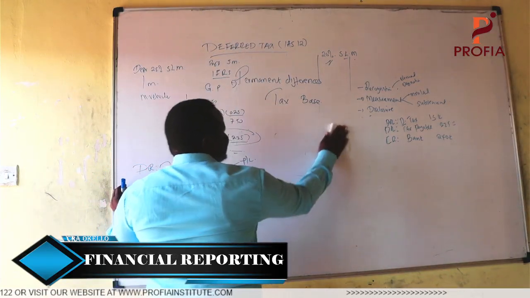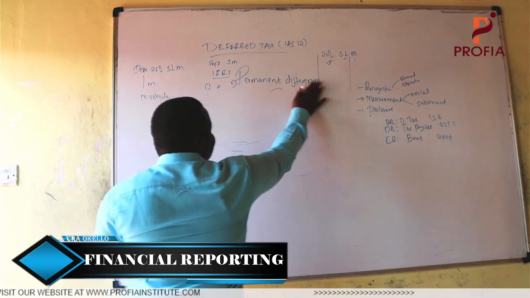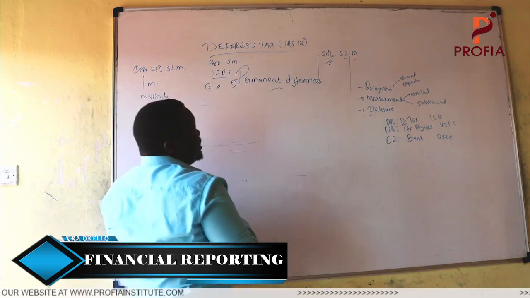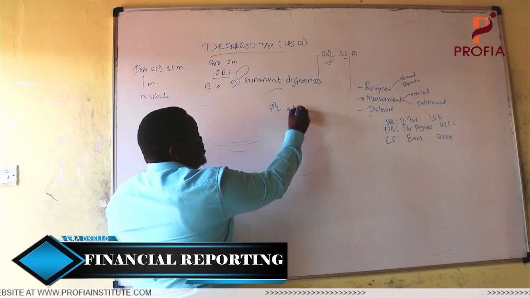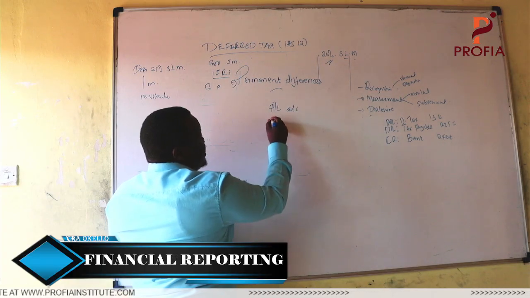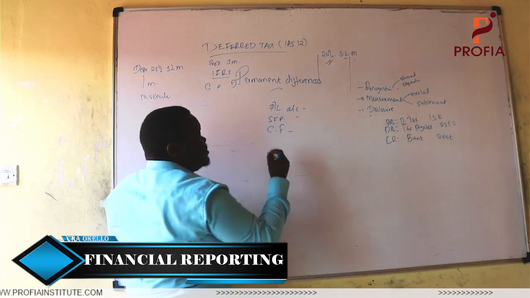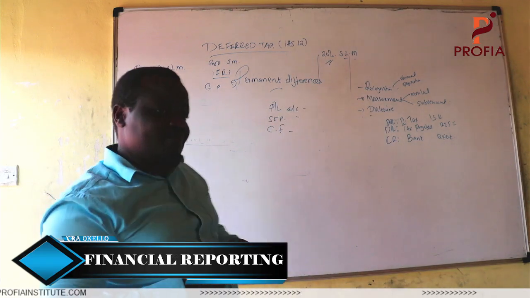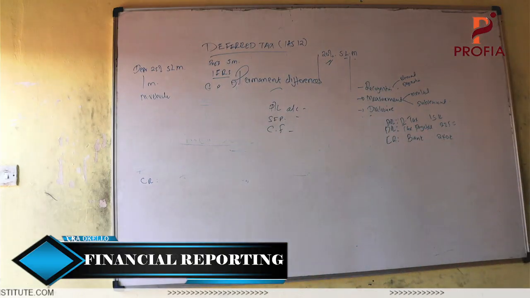When we talk about deferred tax, we talk about the SFP, the P&L account, and cash flow. What is the purpose of the statement of profit or loss? The general purpose, I don't want the definition.